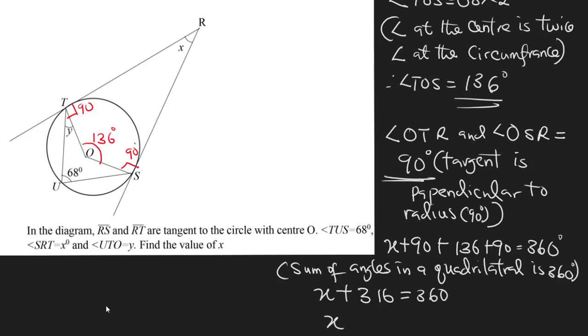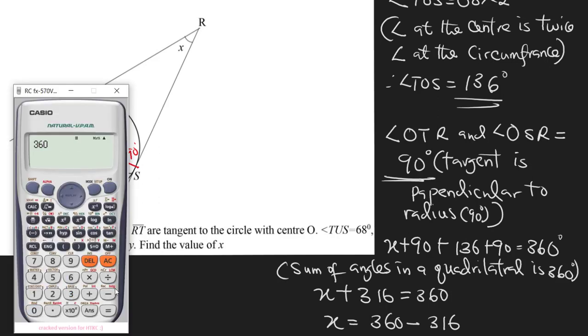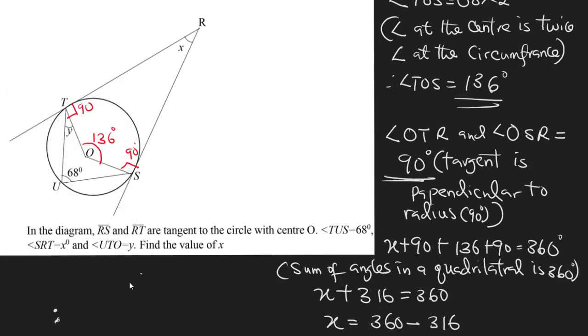So we're going to have x is equal to 360 minus 316 degrees. If you subtract this, 360 minus 316 is 44 degrees. So therefore x is equal to 44 degrees.